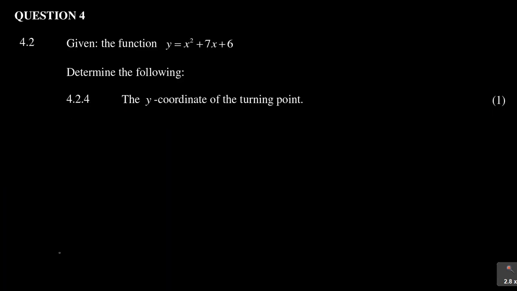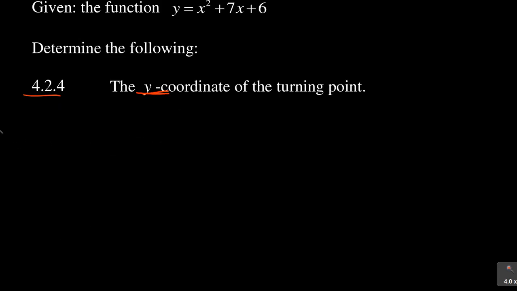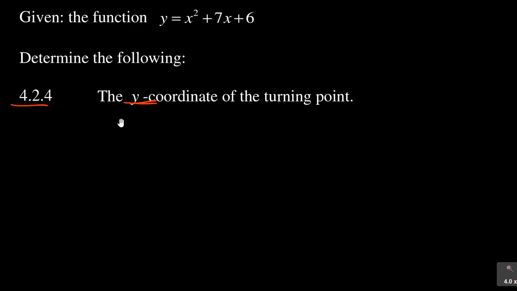Let us move on to 4.2.4, which is again 1 mark. It wants you to find the y coordinate of the turning point. As I mentioned in the previous question, the other one was the x coordinate, so this is the y coordinate.